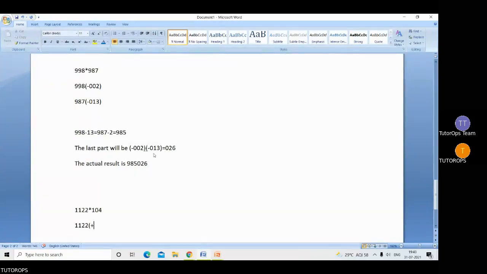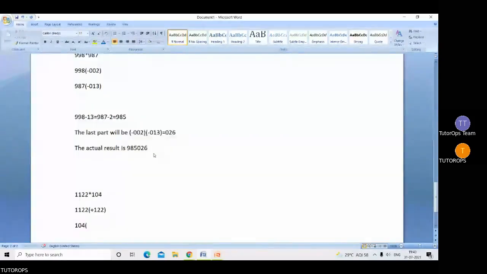I remember one thing, that you can take the nearest base as 1100 or say 1200 also, but I am taking the power of 10 to make the calculation easier only. Okay. So what is 1122? That is plus 122 for 1000 base. And what is 104? That is plus 04 for 100 base.